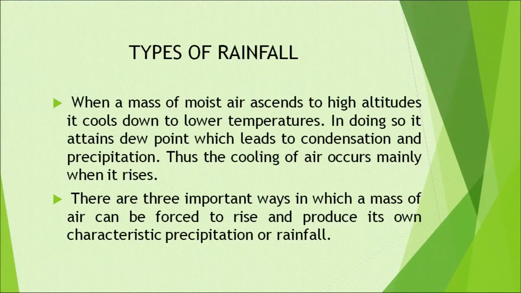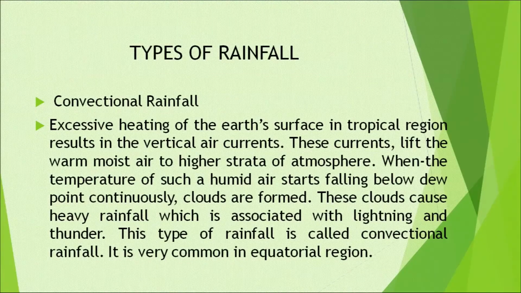There are three important ways in which a mass of air can be forced to rise and produce its own characteristic precipitation or rainfall. The first type is convectional rainfall. Excessive heating of the Earth's surface in tropical region results in vertical air currents. These currents lift the warm, moist air to higher strata of atmosphere.